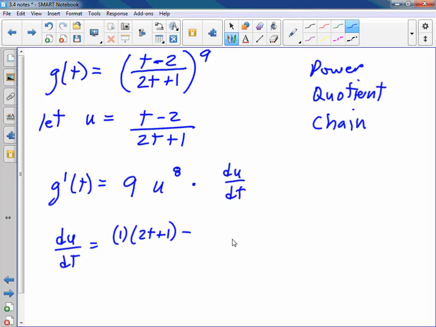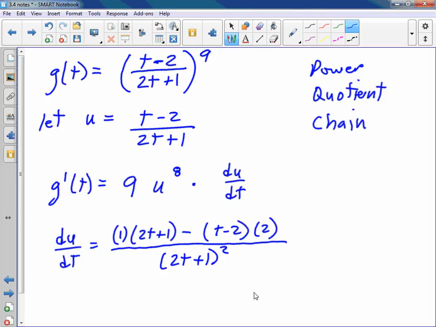And I do want to say that you can go (t minus 2) times 2, and that's fine too. The order on these two doesn't matter, but what matters is the subtraction sign, so you got to be a little bit careful and get that right. Over the denominator squared, which is (2t plus 1) squared.